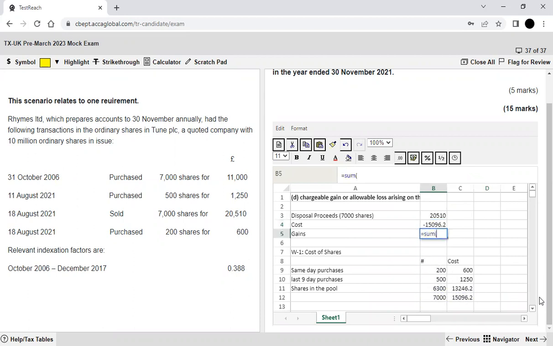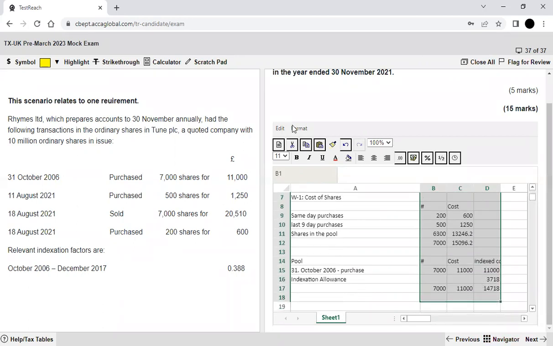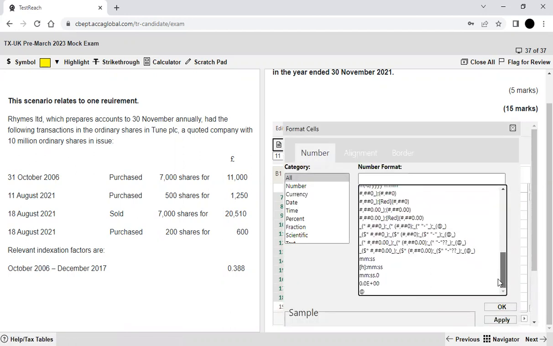As a result, gains would be. So I'm done with this.